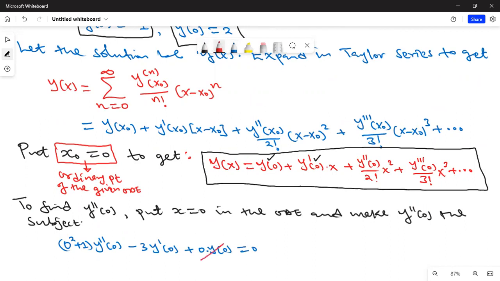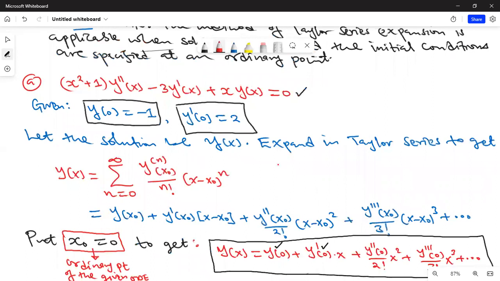Of course, this term is not there because you're multiplying by 0. So this simply means that, you see here, this is 1. So we'll have y double prime of 0 minus 3. What was y prime of 0? We got y prime of 0 was 2. We are going to substitute this value and also this value.